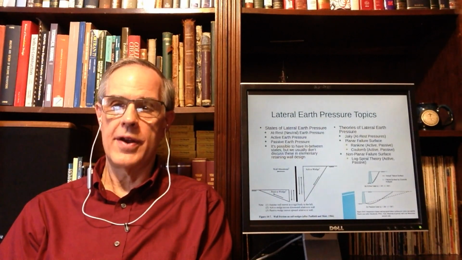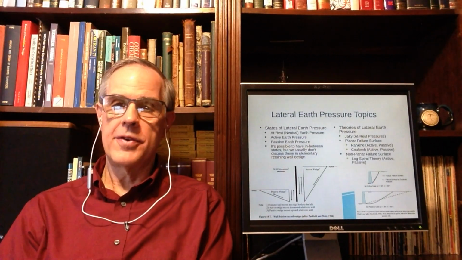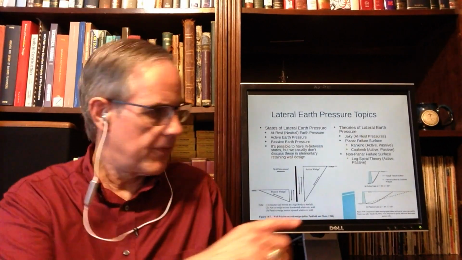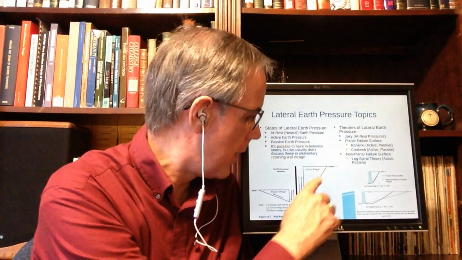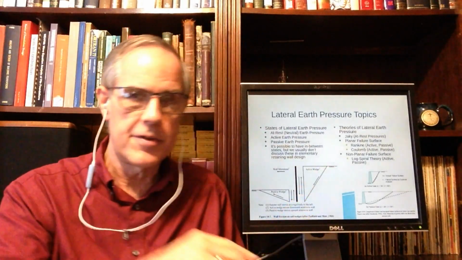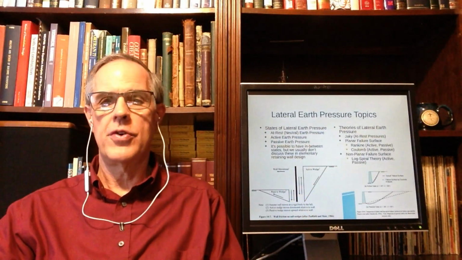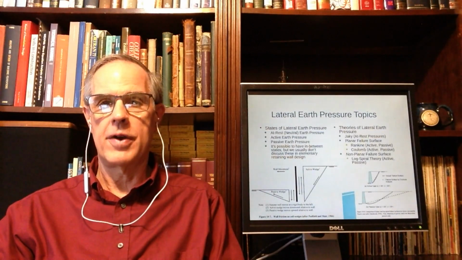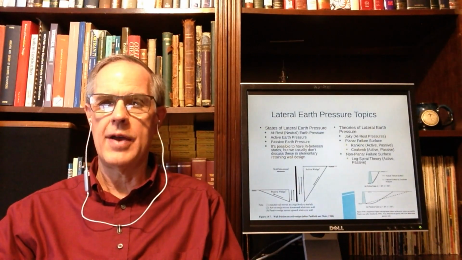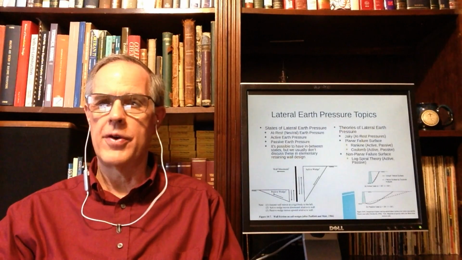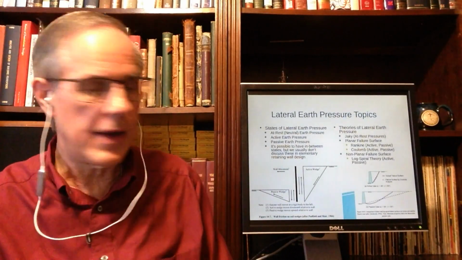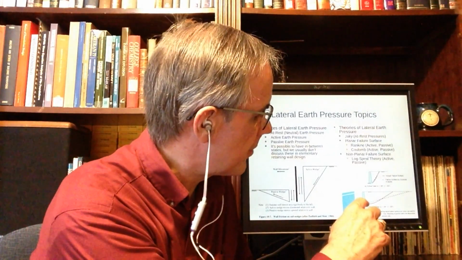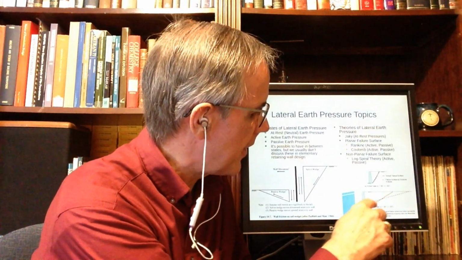Jaky's is strictly for at-rest. For active and passive, we either have planar surfaces where the surface is assumed to be a nice plane, and that's true of Rankine and Coulomb active earth pressures, although the Rankine can be derived from Coulomb theory as well. Non-planar log spiral is the assumption behind, you guessed it, log spiral theory.